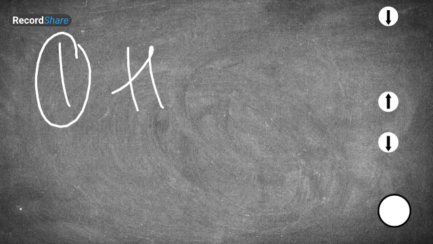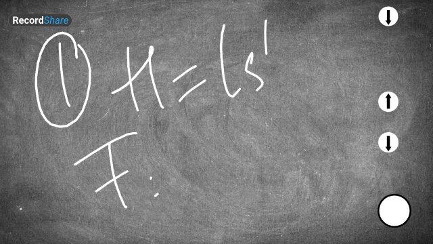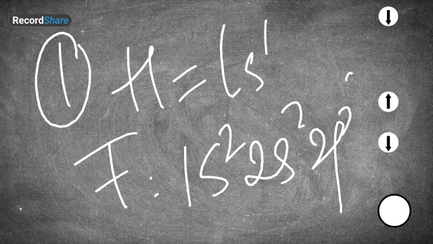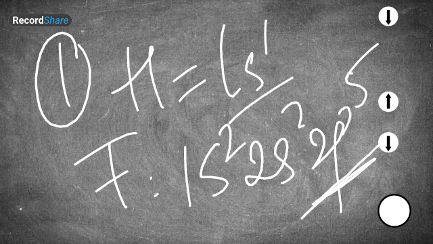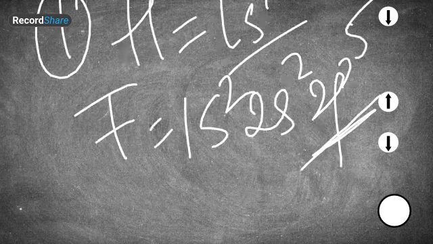Hydrogen has 1s1 and fluorine has 1s2, 2s2 and 2p5. Fluorine needs 1 electron and hydrogen needs 1 electron. Fluorine will complete its octet and hydrogen will complete its duplet. So this is one similarity.